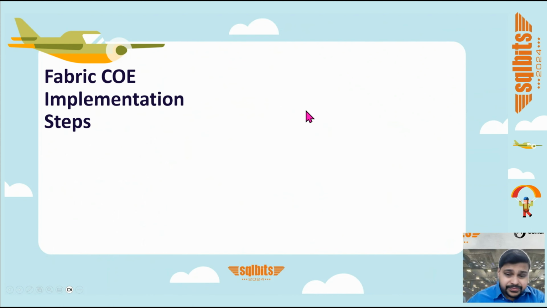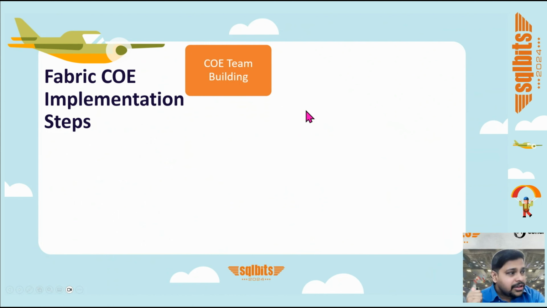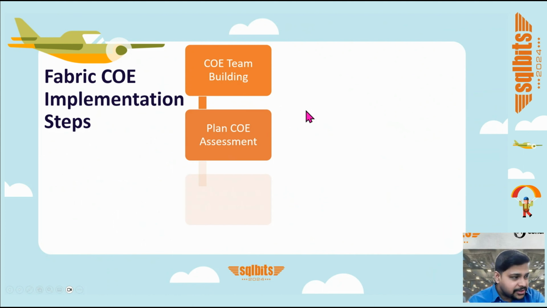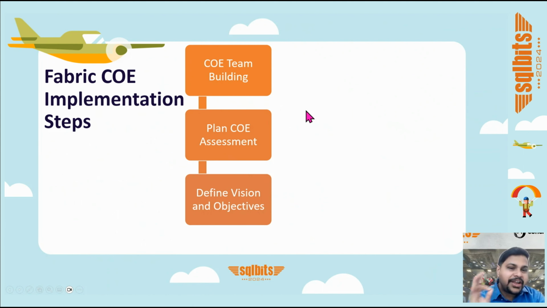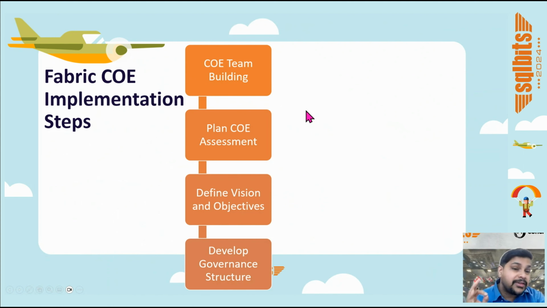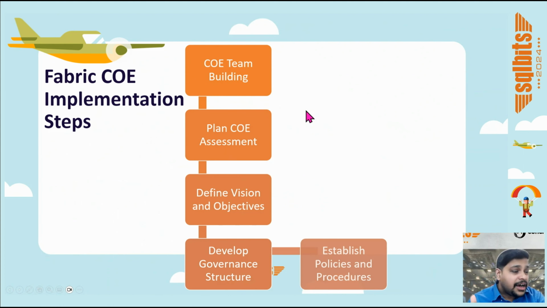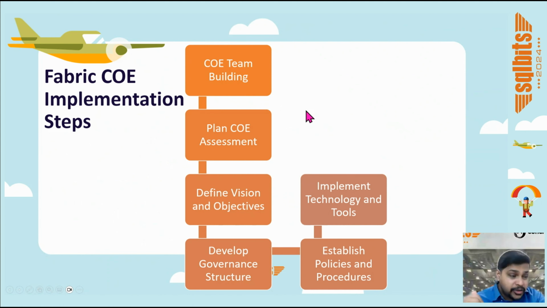Now let's quickly talk about the COE implementation steps. You are building the COE team, then you are doing the assessment. Once you have done the assessment, you define a specific vision and objective. Then you develop a governance structure, establishing policies and procedures for your implementation. Then you implement the technology and tools.